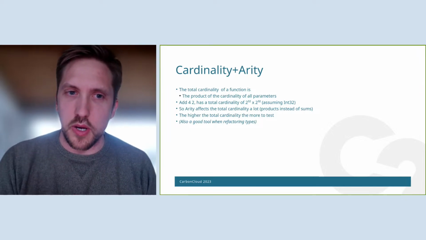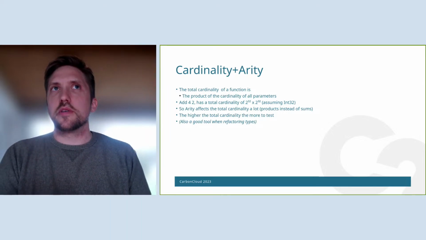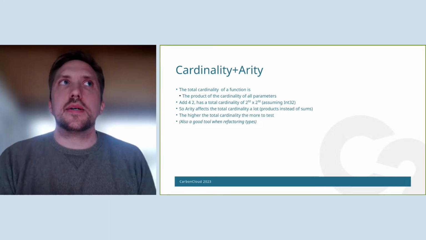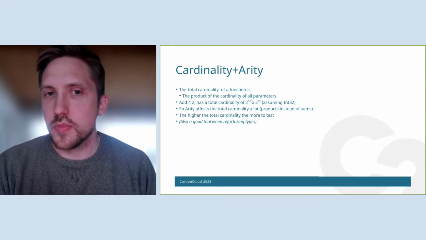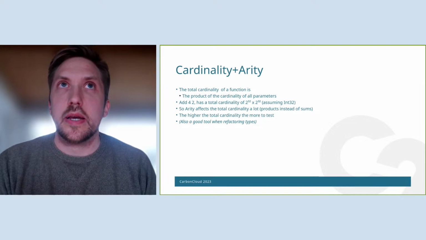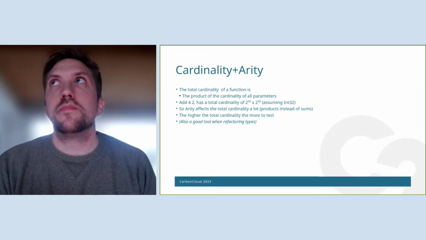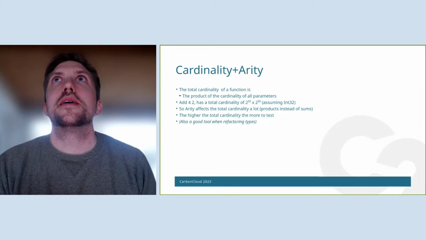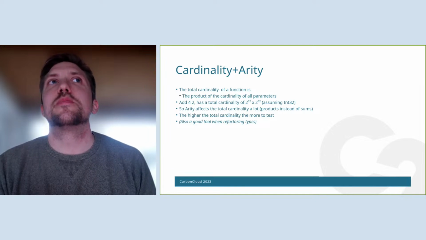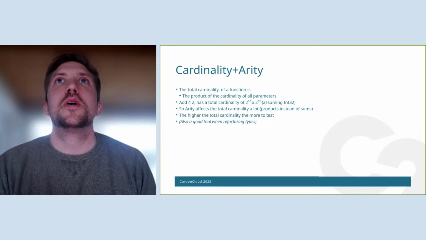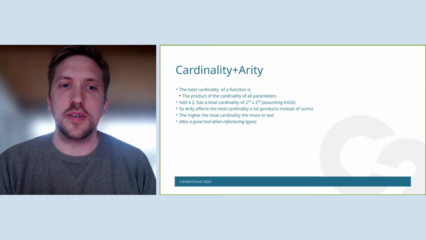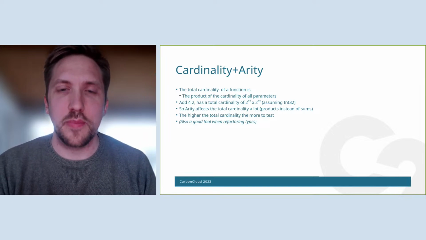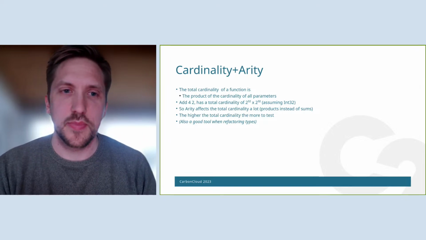This can also be a good tool when refactoring types. If you do something and the cardinality changes, then you have changed the behavior, and you most likely have made a change you haven't intended.